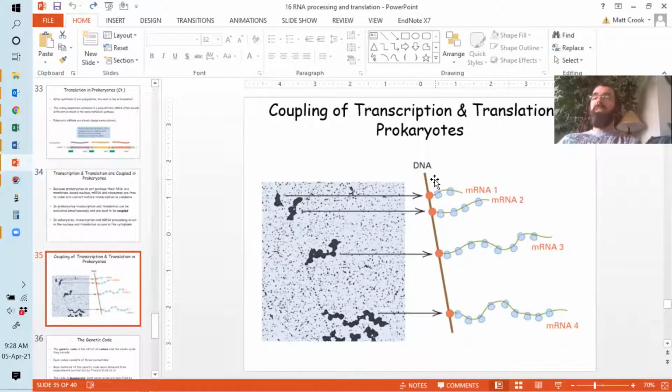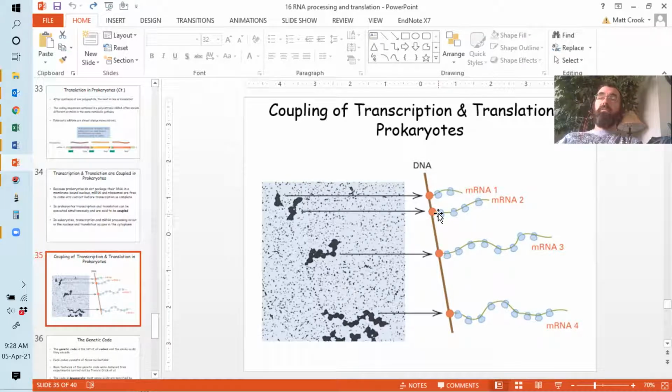So we call this the coupling of transcription and translation. Those two processes occur at the same time. As soon as enough of the transcript has been made, ribosomes assemble, and you have these polysomes forming before transcription has even finished, down there at the end of that cistron, which I think is pretty wild.